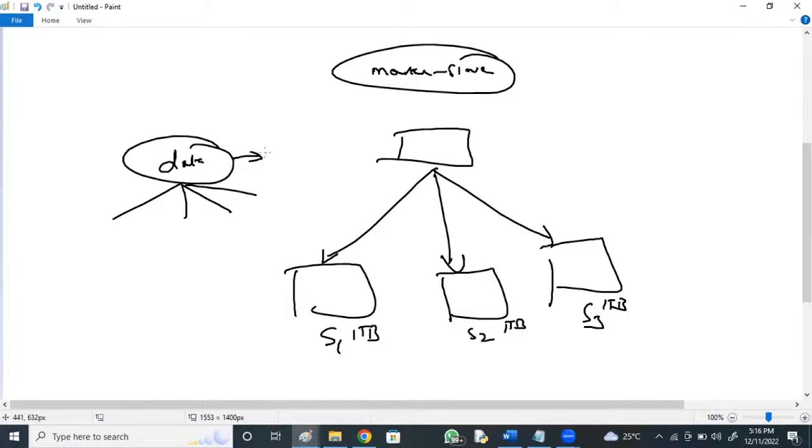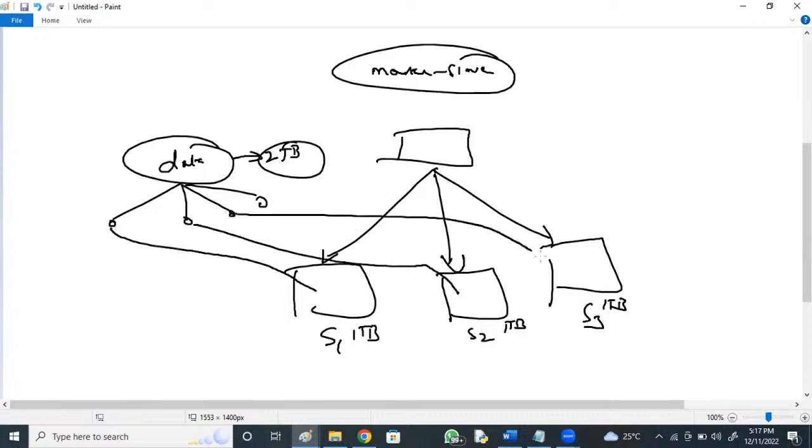If you have a data object of 2 TB which cannot be accommodated in any one of these, the data will be divided into partitions, and these partitions are going to be stored across multiple systems.